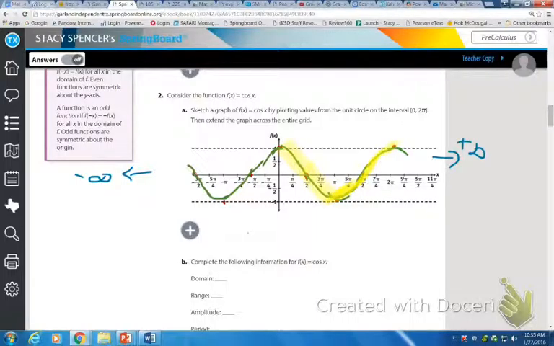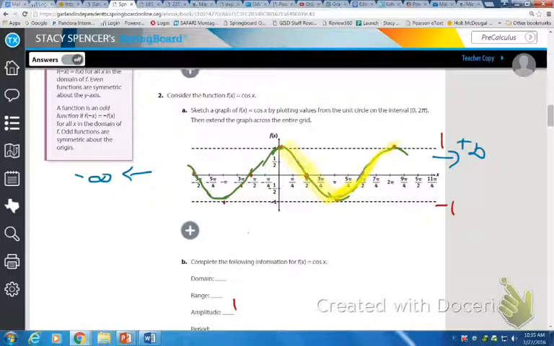Our range, again, is negative 1 to 1. Okay, what is our amplitude? Our amplitude is 1, right? So I'll write that down there because we can see that. Now, what is the period of the cosine? It is also 2 pi, okay?